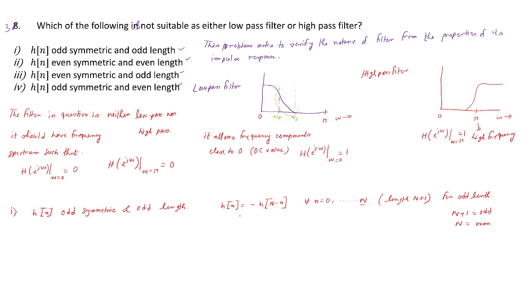Therefore, in this equation, for n equal to N over 2, the tap or the coefficient at the center, what do you get if you put small n equal to capital N over 2? You get h[N/2] equals minus h[N minus N/2].